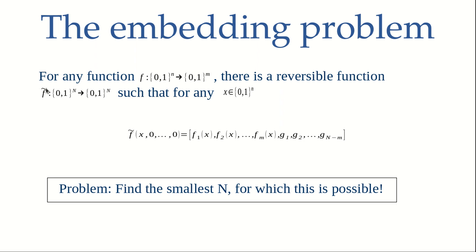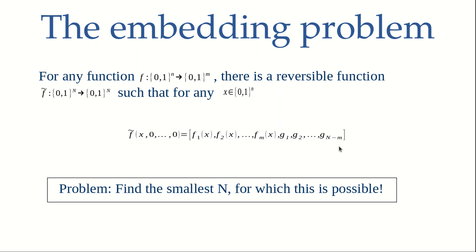So f tilde is now this larger embedding function, and embedding means that if we apply f tilde on some input which is x on the first n bits and 0 on the remaining bits, then the output will coincide with the function f on the first m bits and have in the remaining bits some arbitrary values which we don't care about. So these are the so-called garbage bits.